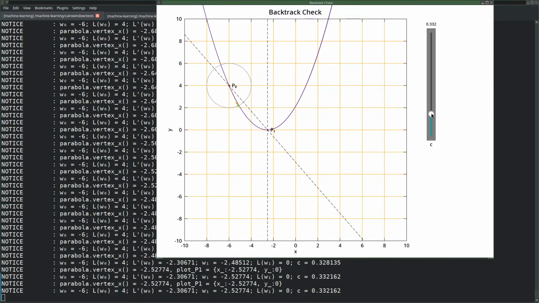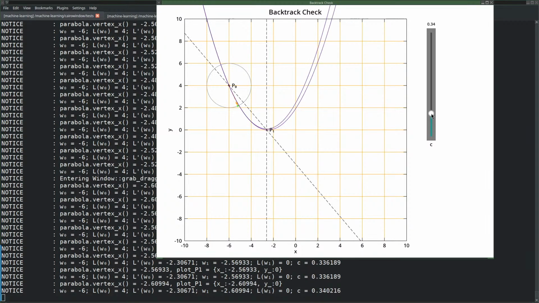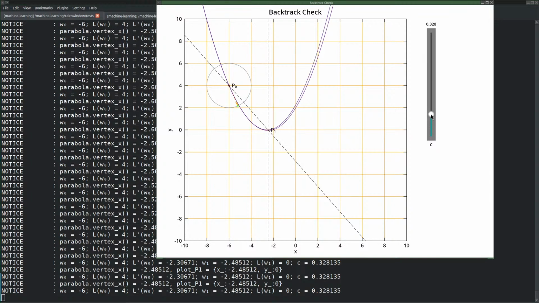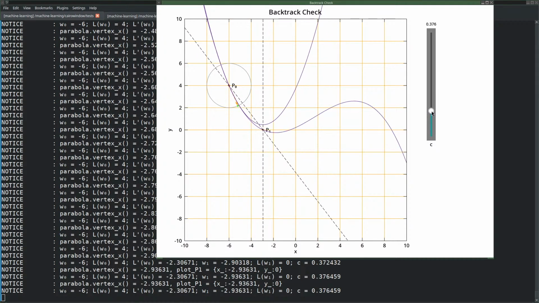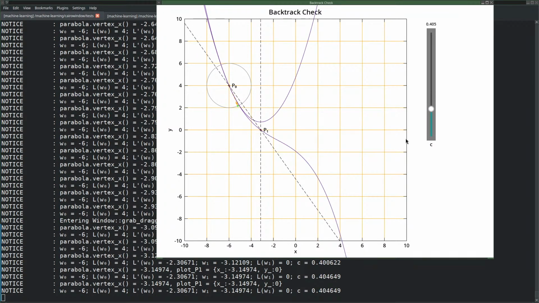The third degree polynomial is just a parabola, which means that the minimum is exactly in P1. And then if you put P1 above the parabola, then the minimum is between. And if it is below it, it's on the left or doesn't even exist.